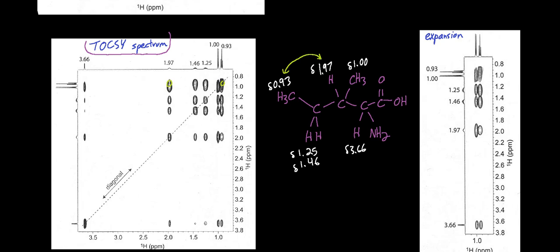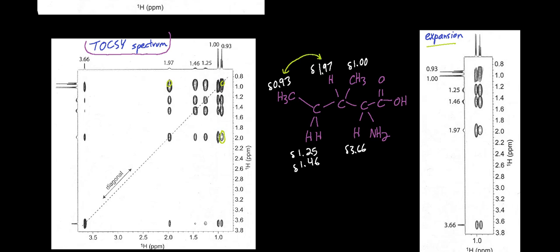And actually, that's the point of this expansion on the right, to be honest. So it's just showing you that the correlations are better revealed in that diagonal, strangely, to some extent. So 0.93 does very clearly see 1.97.